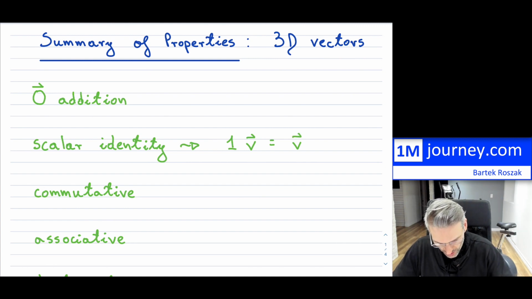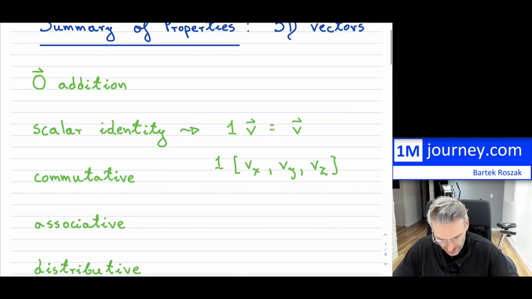Now, in order to show this, again, it seems kind of elementary, but if you break down your vector in terms of its components, Vx, Vy, Vz, this is what you will have. And of course, if you take the components and multiply each by 1, you're going to get Vx back, Vy, and Vz back.